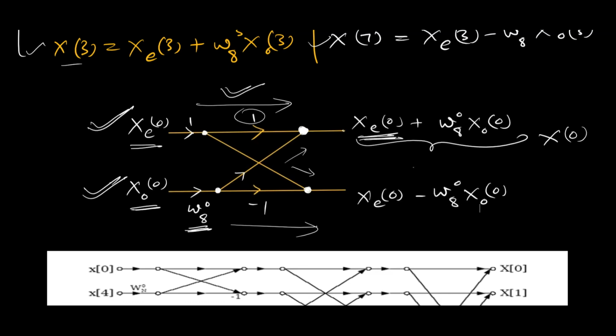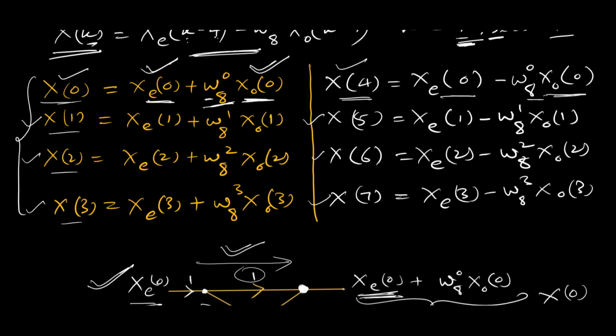Likewise, if you see this side, xo0 will get multiplied with minus 1 and the twiddle factor w80. So we'll get this term, and we'll add minus of this thing with xe0 coming from this side. So that is nothing but x4, if you observe carefully.